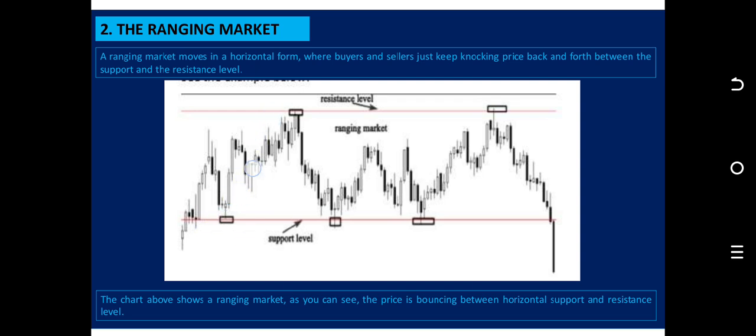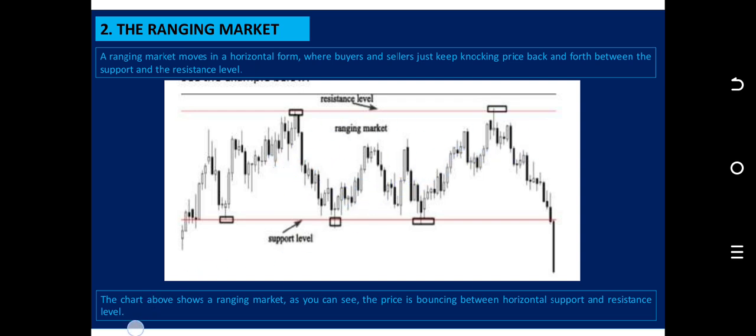Price can just decide to go up, and if you want to take a sell here and you place your stop loss above, it might break this line. You understand? So I want you to put your phone on auto rotate so that you can see it from a brighter view. Okay, so this is a ranging market, but opportunity can also be taken from this ranging market.